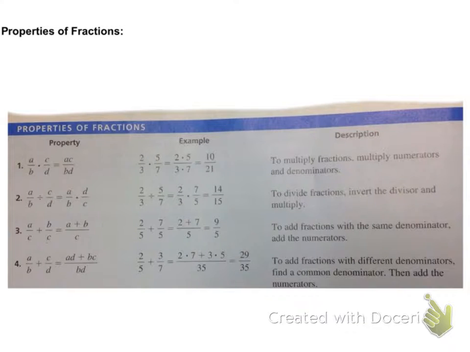When you go to the problem below it, the denominators are not the same. So therefore you need to do what? You need to find a common denominator. We can find any common denominator, and I think that'll work. But what's the most efficient one?